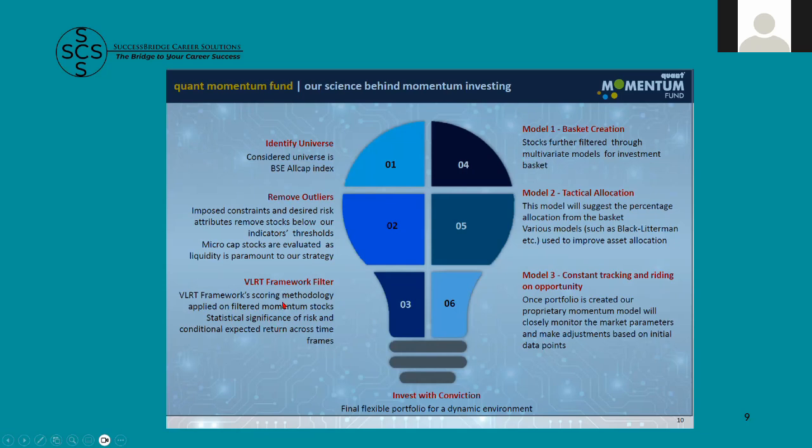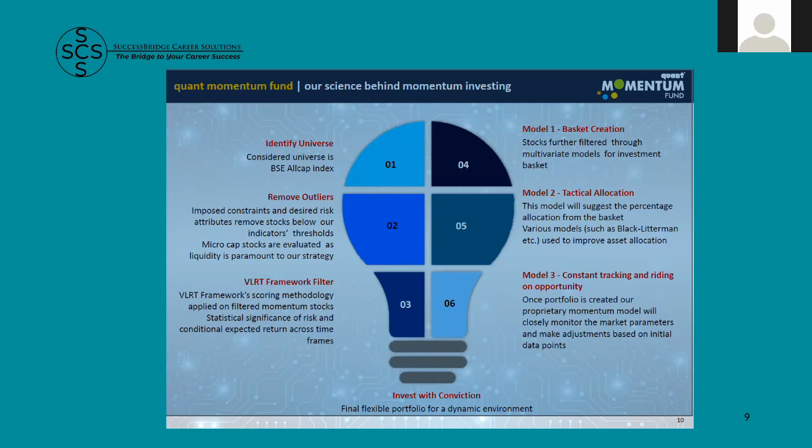So what they do is they apply a quantitative model, which is called the VLRT framework. It's a scoring methodology. By applying this methodology, the end result is a ranking scheme, a score. Every stock will have a score.